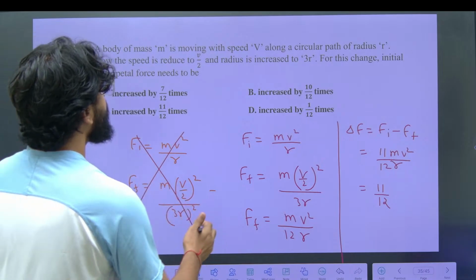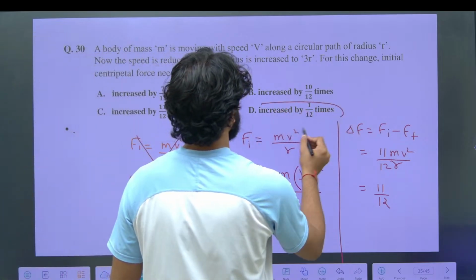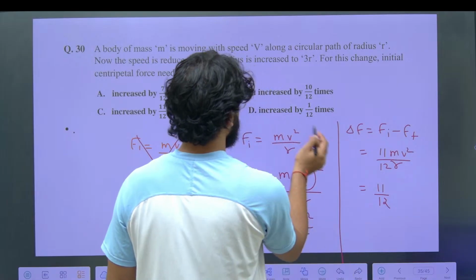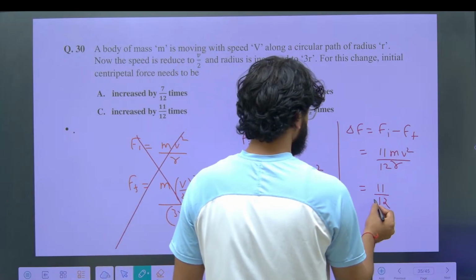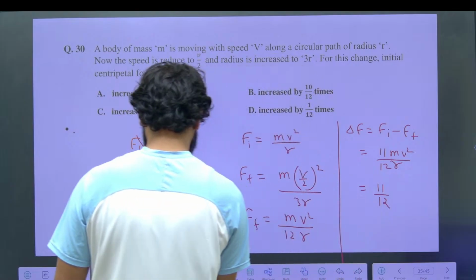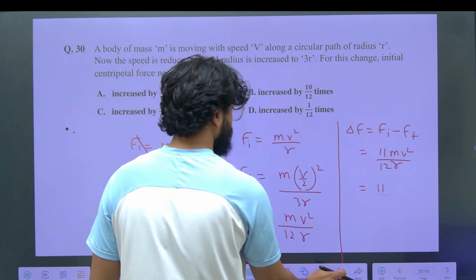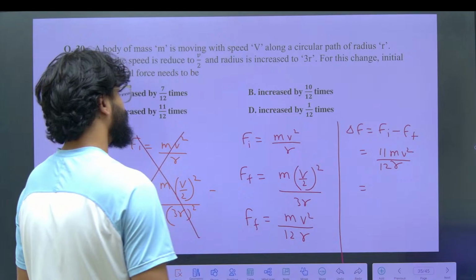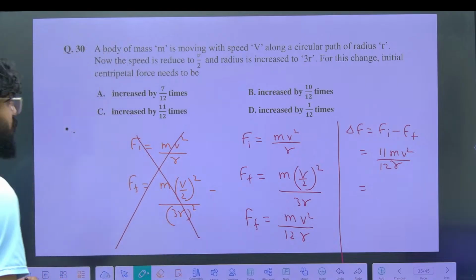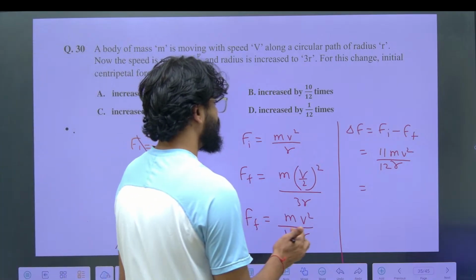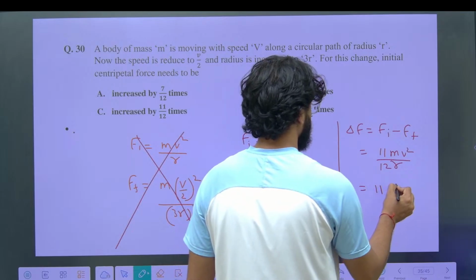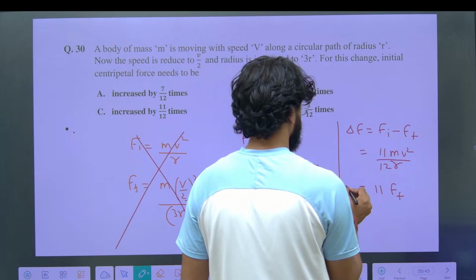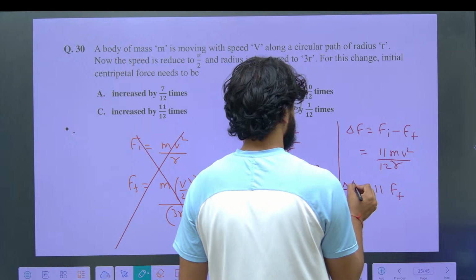It should be decreased by, yeah, increased. So it is D. We can write 11 mv square upon 12r. So it has 11 Ff. Okay, that is the change.